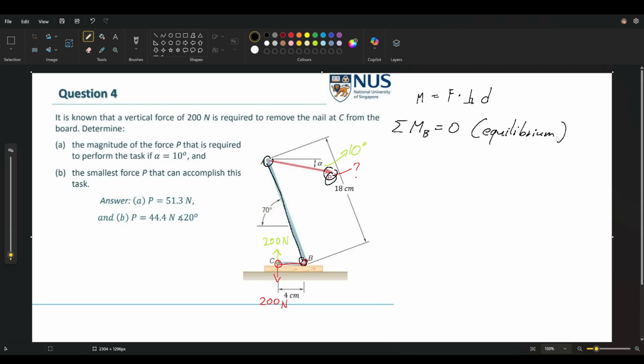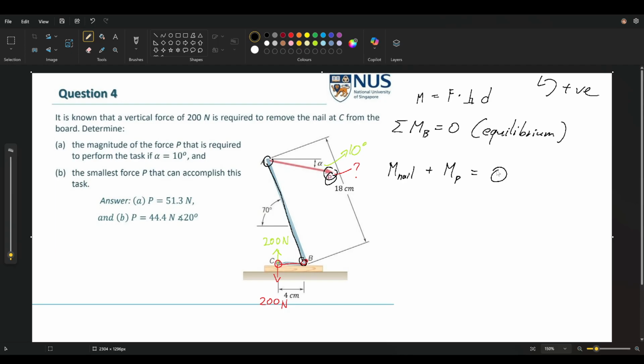So, now let's assume anti-clockwise is a positive value for moments. So moment induced by nail plus moment induced by force P should give me 0. At this point, I'm not putting a polarity into the moments yet. So let's go ahead and do that.